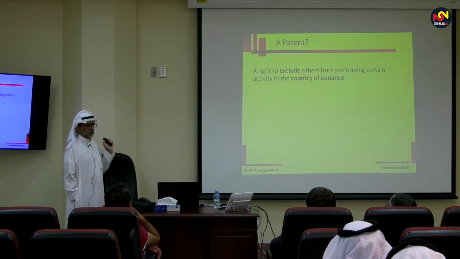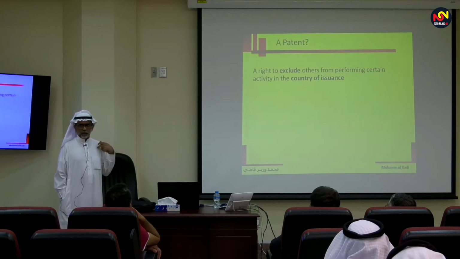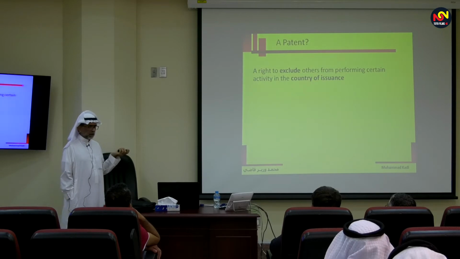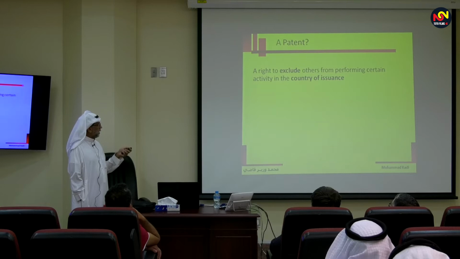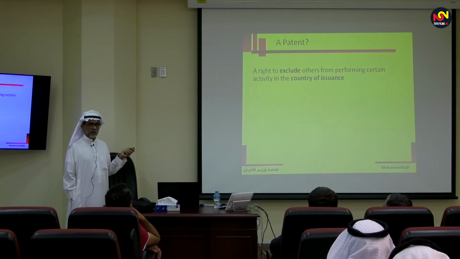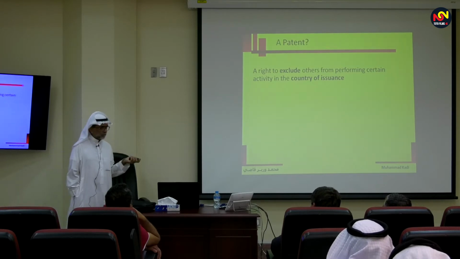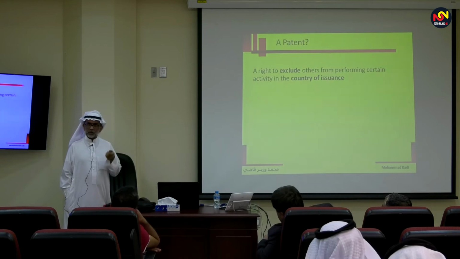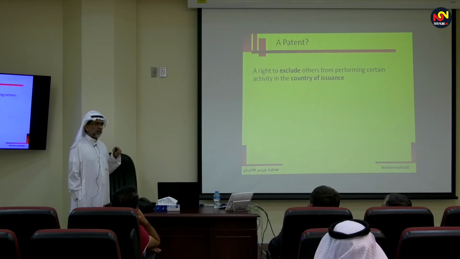Exclude others, which means you are creating a monopoly of your idea. This is the first one. The second thing is country of issuance, which means if you want to protect your idea or your invention in the whole world, you have to apply for patent protection in each and every country in the world.